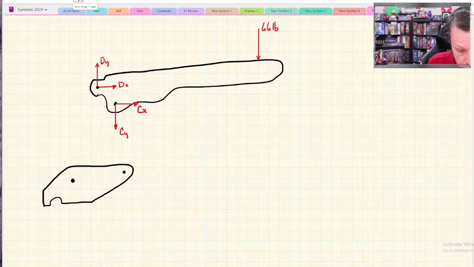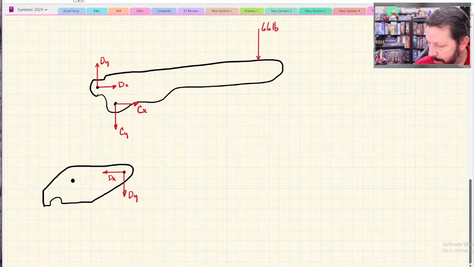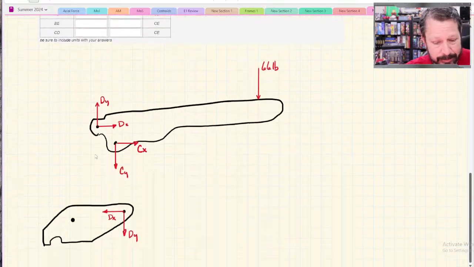All right, so I've already drawn arrows for D, so I've got to draw the corresponding reactions here. DX, and I made DY on this piece, it needs to go down. I have not drawn anything for A, but I do remember that AB is my 2-force member, so I don't have to draw an AX.